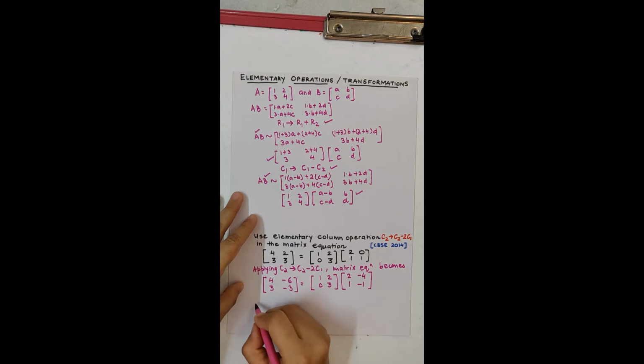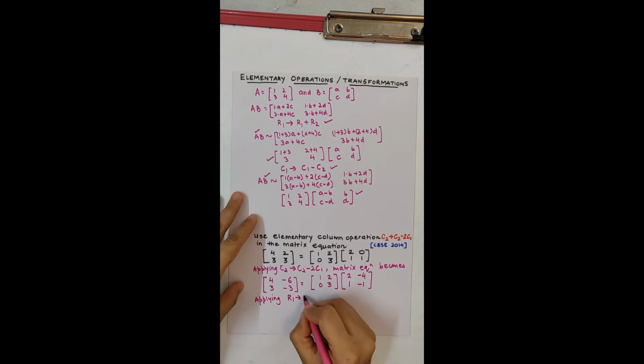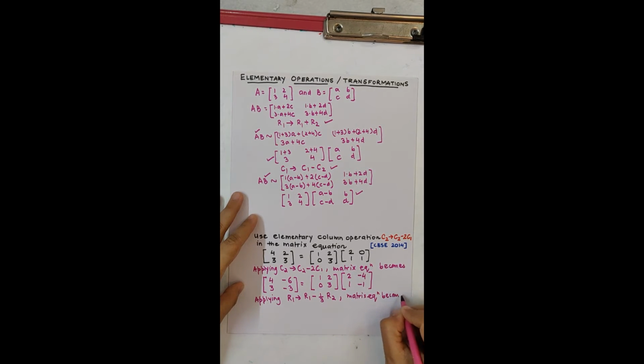Now suppose it says to apply the row operation R1 goes to R1 minus 1 by 3 R2. Then in this case, what will the matrix equation become? Let's check.